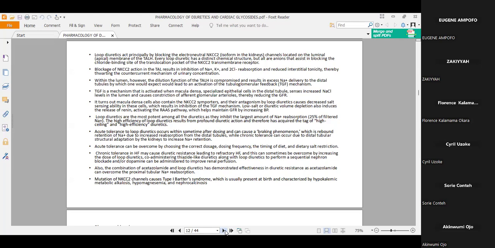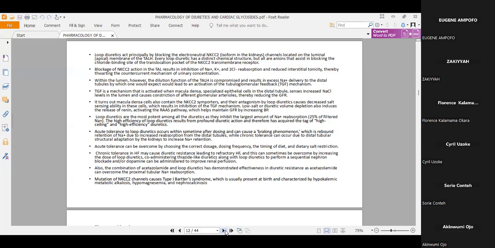Within the lumen, the dilution function of the thick limb is compromised, and this results in excess sodium delivery to the distal tubules. And one will expect that there will be activation of the tubuloglomerular feedback mechanism.